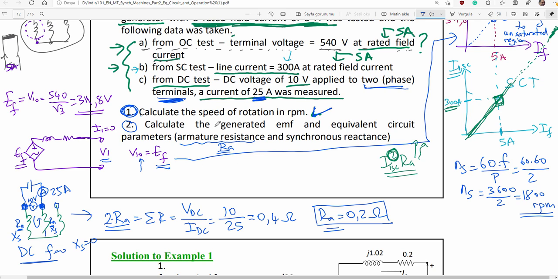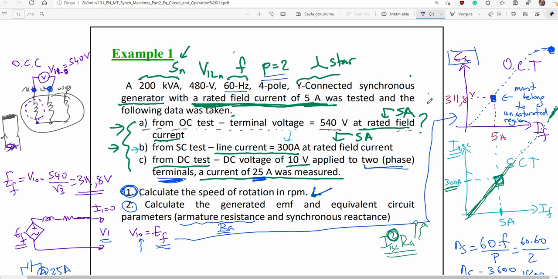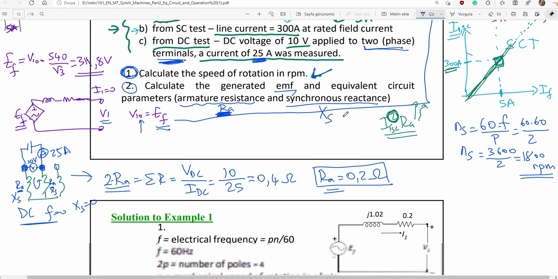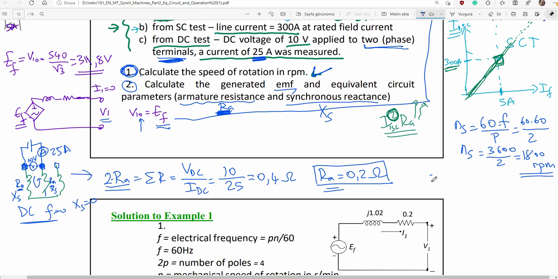It's okay. Now calculate the generated EMF. Here it is. We have already calculated it. That is the generated EMF, 311. It is there. We have already done this. Equivalent circuit parameters: we have calculated Ra. And now let's calculate the synchronous reactance. First of all, let's calculate the impedance. Impedance is equal to EF at 5 amps over the short circuit current at 5 amps.